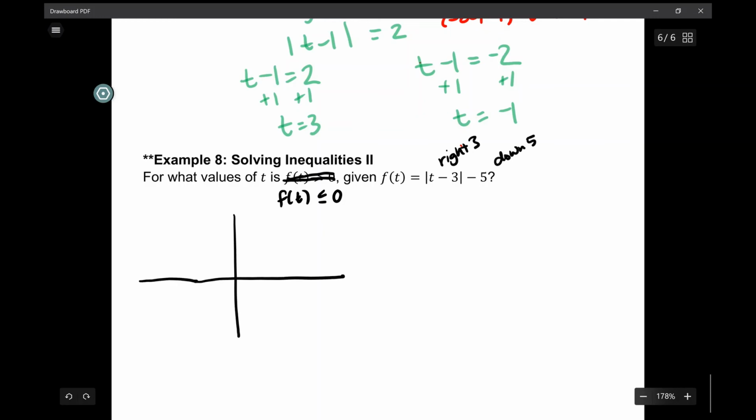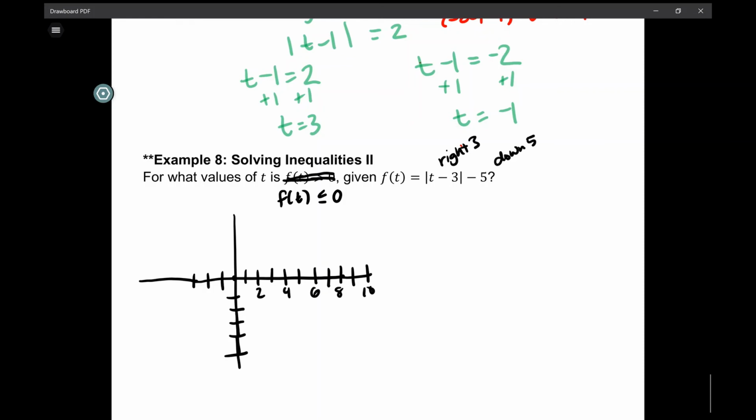All right, so let's get our scale. 1, 2, 3, 4, 5, 6, 7, 8, 9, 10. 1, 2, 3. Let's label some of these. 1, 2, we know we need to go down at least 5. 3, 4, 5. All right, so what was at 0, 0, our vertex of our absolute value function, is now right 3 and down 5.